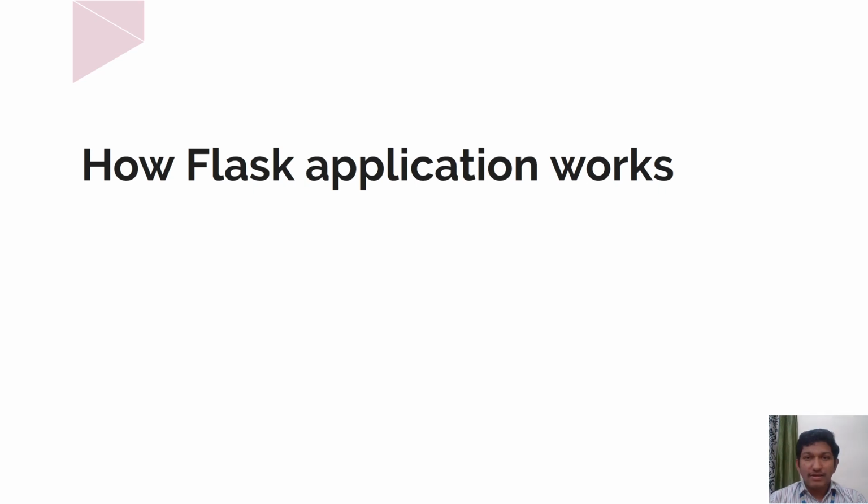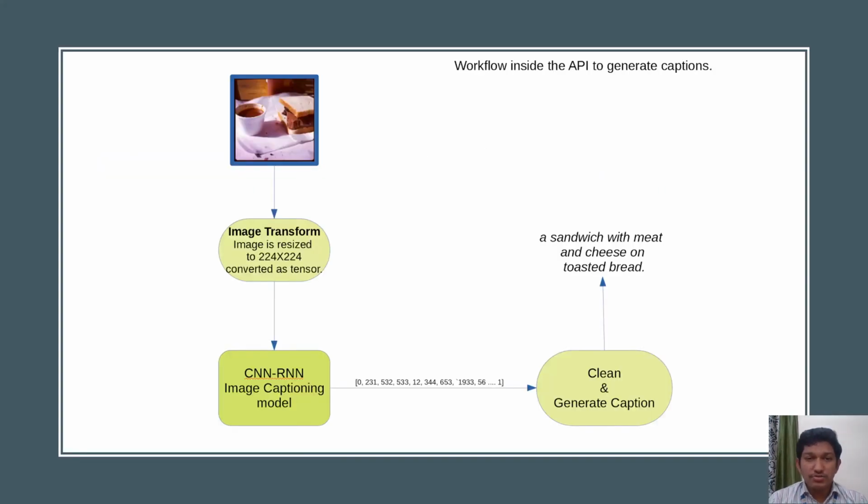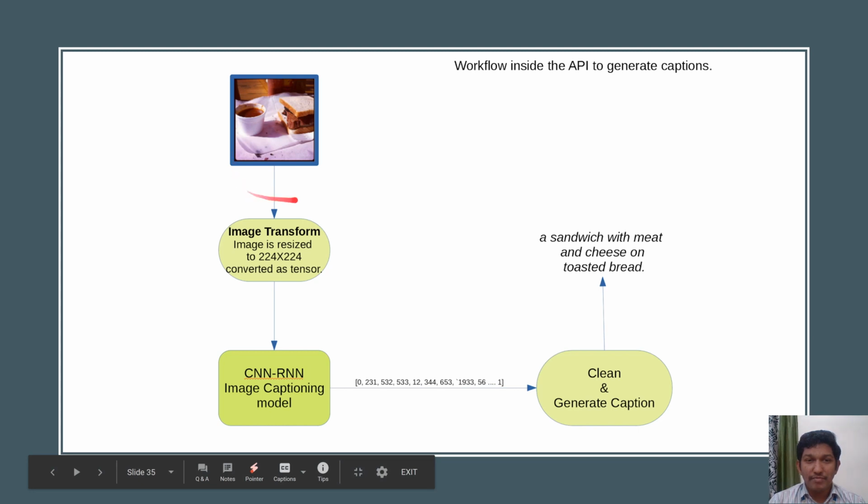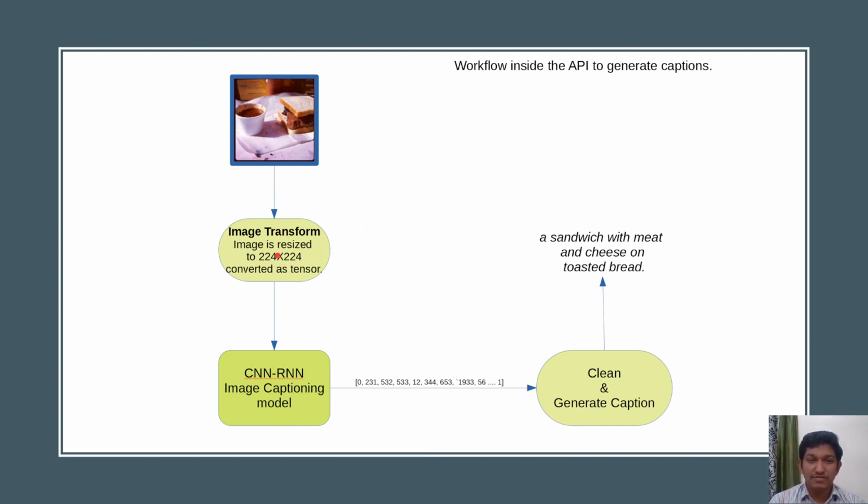How our Flask application works. This is the flow of our Flask API. Whenever an image is given to it, it will be transformed into a 224 by 224 by 3 image. Here I forgot to mention the 3.